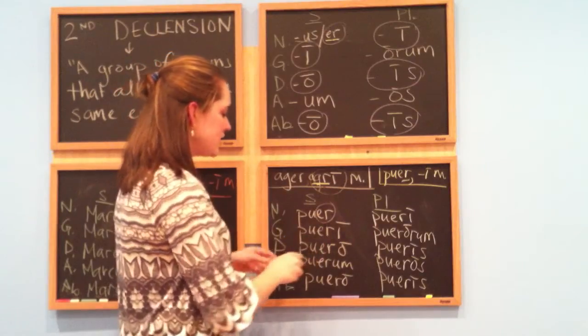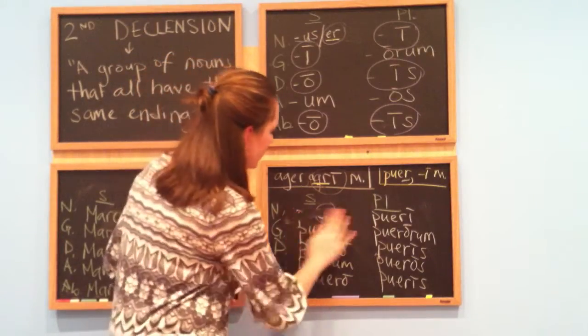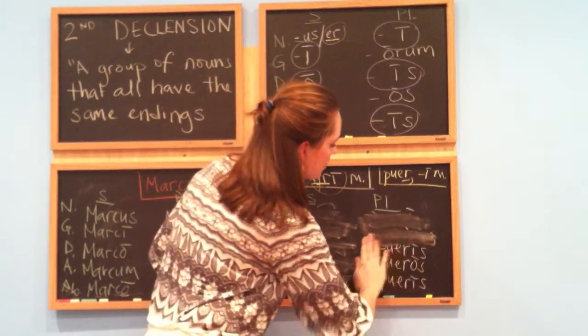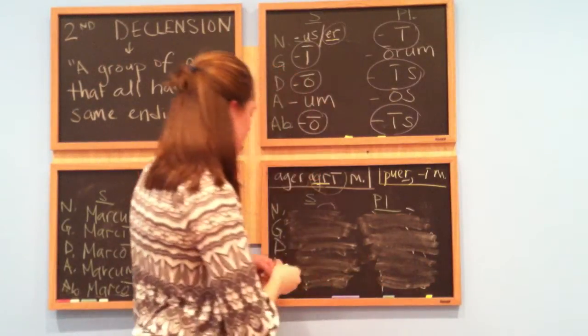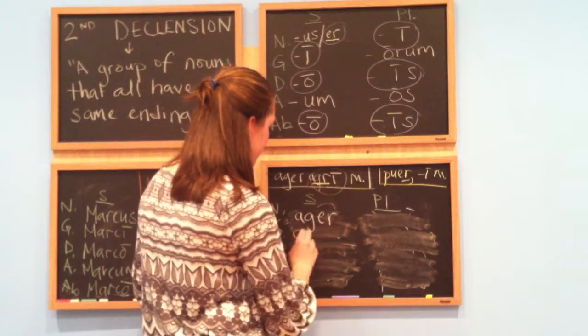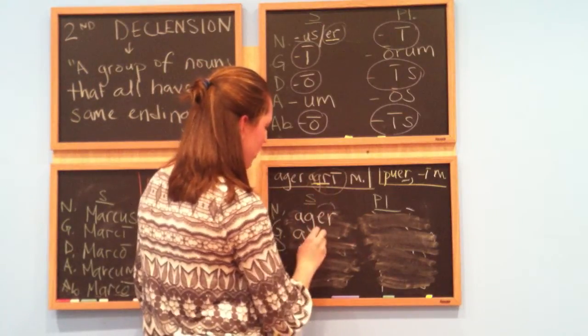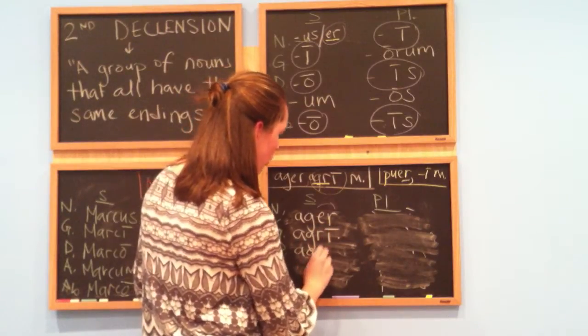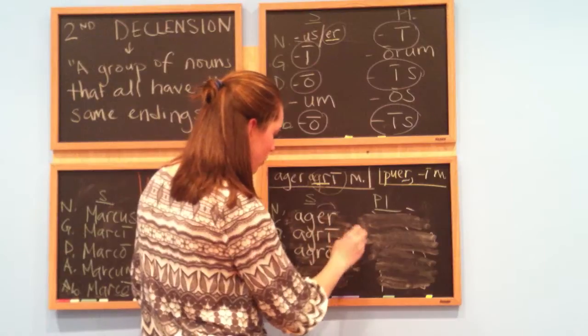So if you decline it, let's just decline it in the singular really fast. You know what, we'll just do the whole thing. Why not? You're going to carry the genitive stem all the way through. So it would be agri, and then it's going to be agro, not agero.